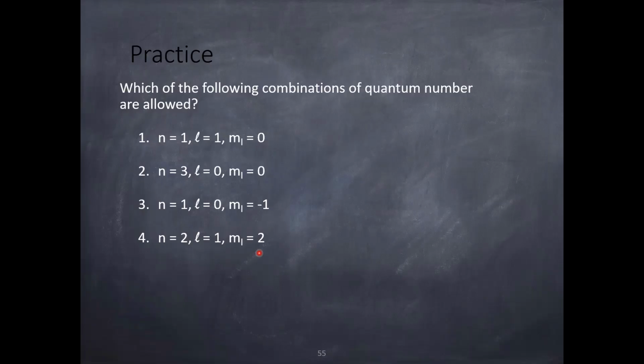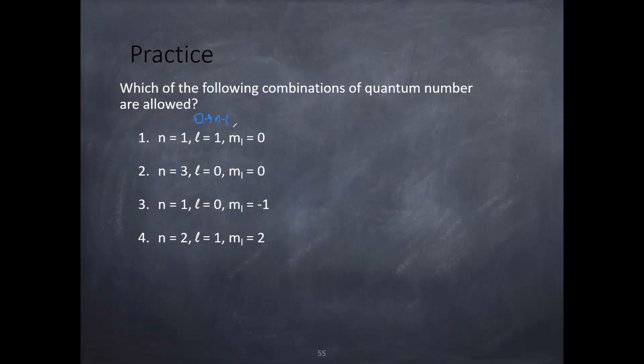But with the first one, n, we should say n can be just any whole number greater than or equal to 1. So all of these are fine. So we're going to want to start examining them at the L, that angular momentum quantum number. L has to be equal to 0 through n minus 1.